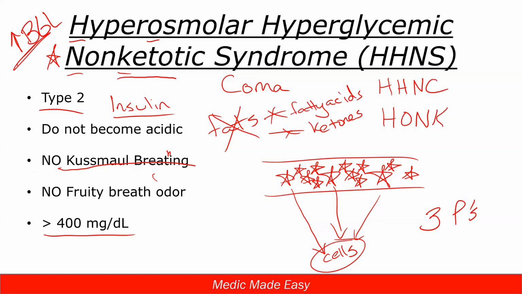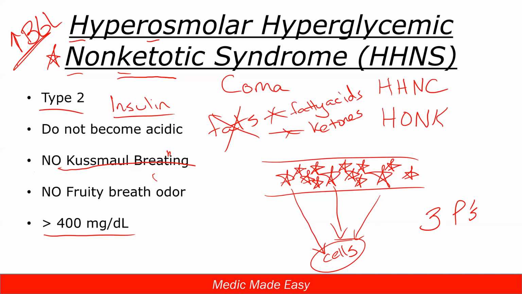So warm and dry skin will show up both for the HHNS as well as the DKA, as well as just the hyperglycemic patient that hasn't progressed to one of these more critical emergent situations. So all of the hyperglycemias will start to present with those 3 Ps. DKA will start to present with that acidic state and the Kussmaul breathing because our body is breaking down the fats.